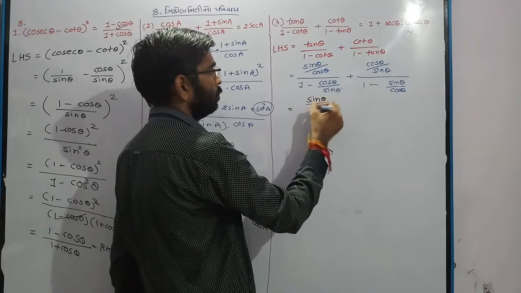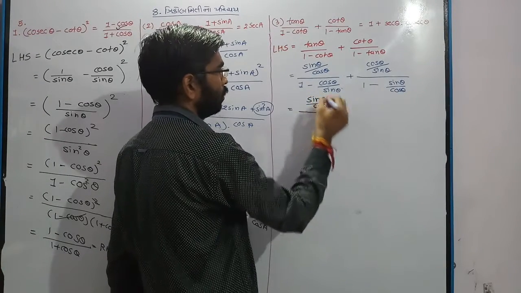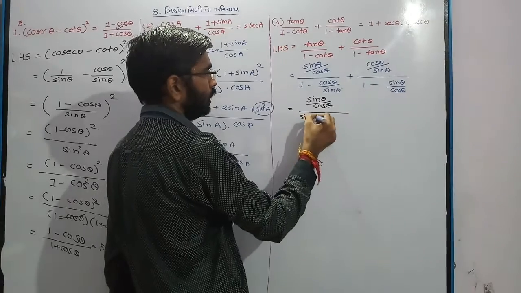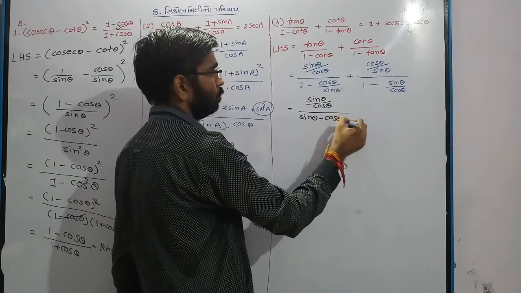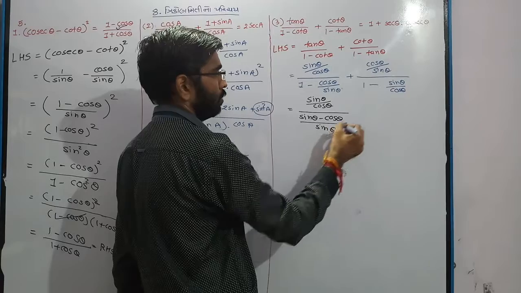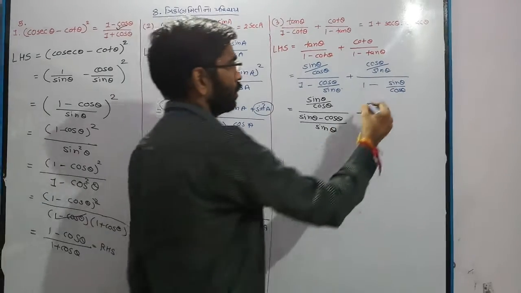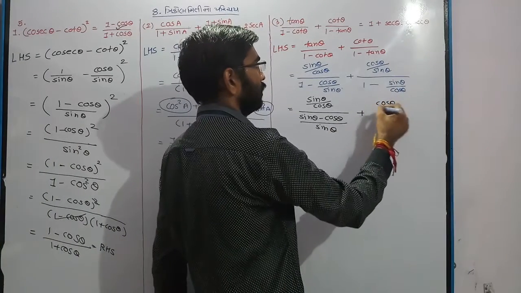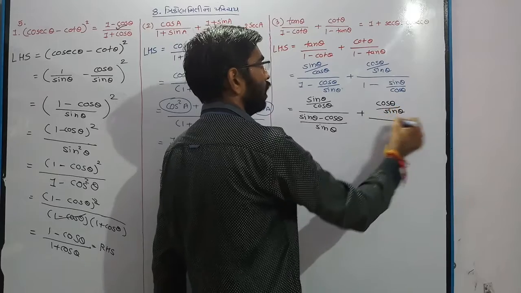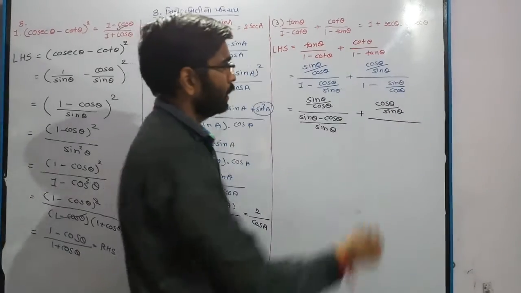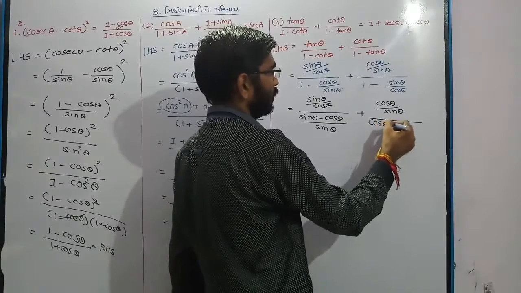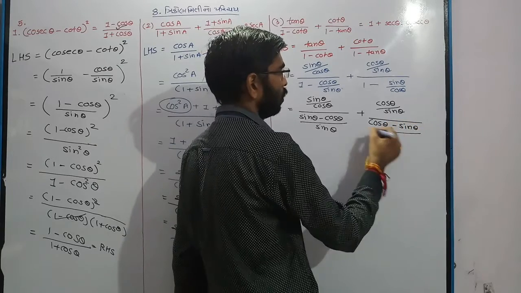So sin upon cos over the LCM sin: sin theta minus cos theta upon sin theta, plus cos by sin upon cos, multiplied by 1: cos theta minus sin theta upon cos theta.